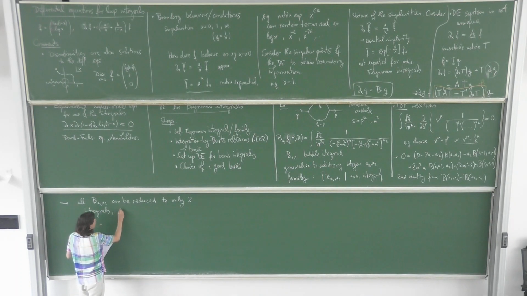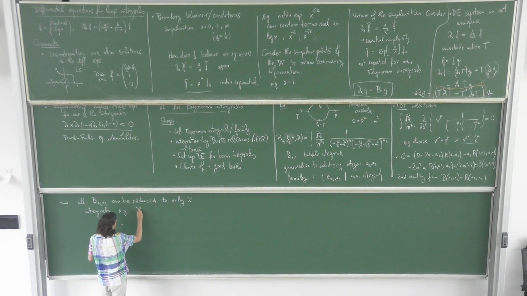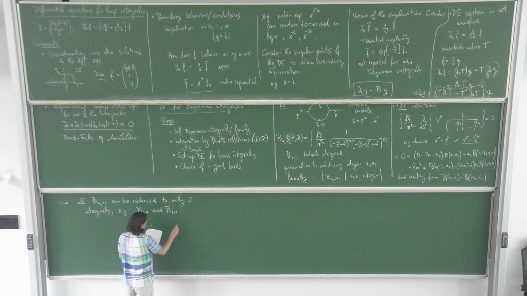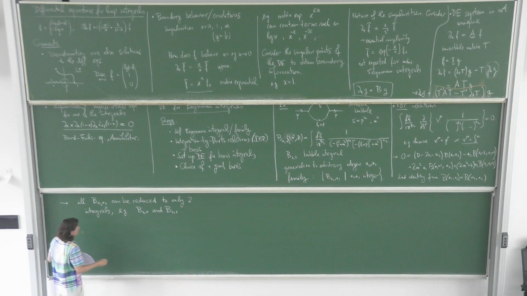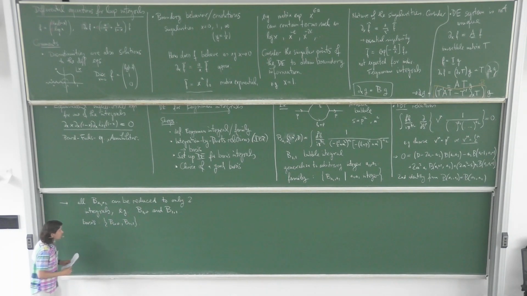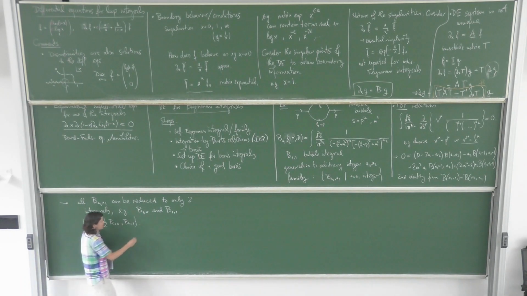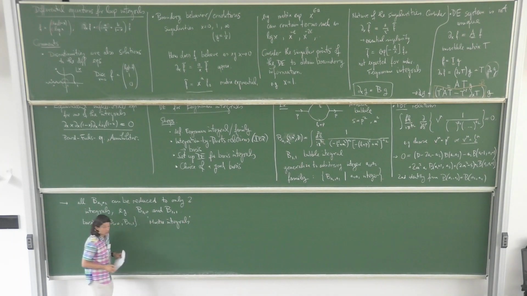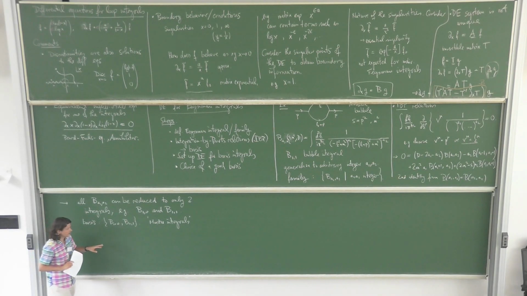And these integrals, we can choose them, for example, to be b1,0 and b1,1. And so then we could say that there's a basis consisting of these two integrals. In the community, some people call these master integrals. This is also a common way of talking about them.